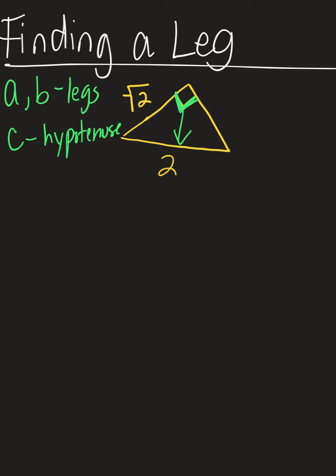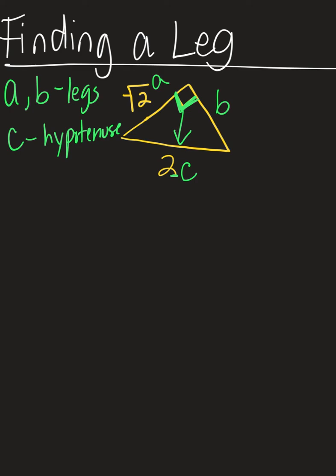So a is going to be this square root of 2, b is going to be the missing side, and c is 2. Or I could have b be my square root of 2 and a be my missing side. Doesn't really matter. I'm going to stick with what I have just because it's already there.